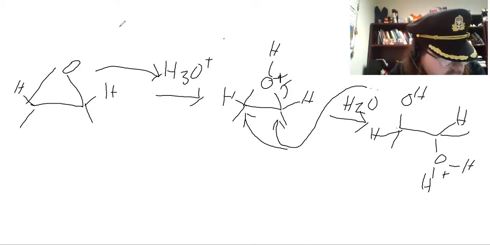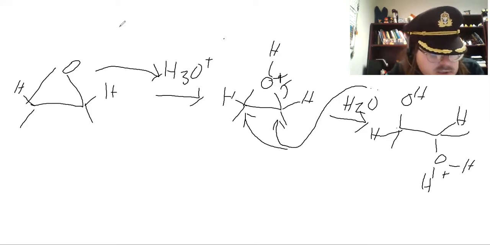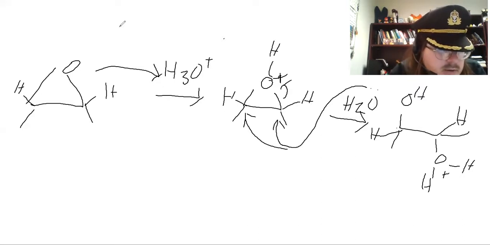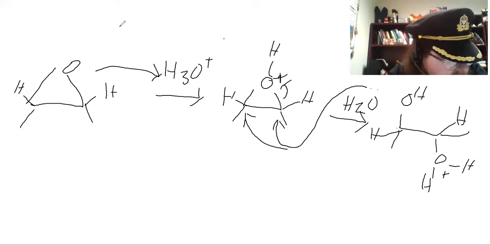Whenever it's a two-step addition and we're forming this ring, it's usually going to be anti. When it sits down across the double bond with the two bonds at once, it's going to be syn, typically. So a two-step addition is usually anti, and a one-step addition is usually syn.